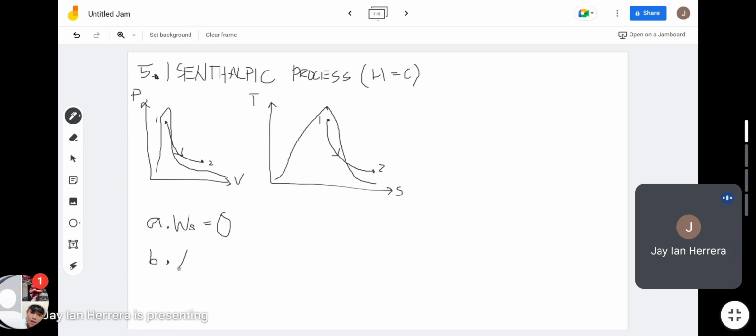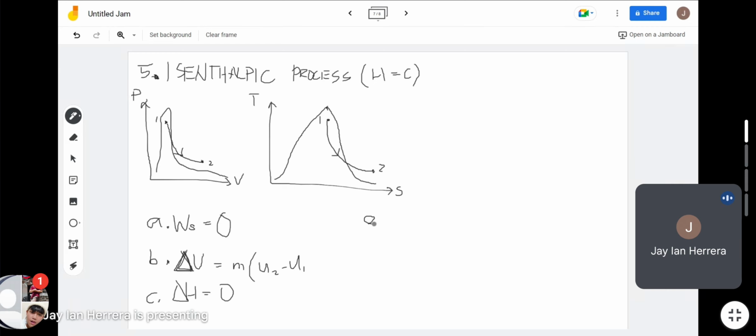Delta U natin is still the same, that's U2 minus U1. Of course, our change in enthalpy is 0 since this is isenthalpic or constant enthalpy.